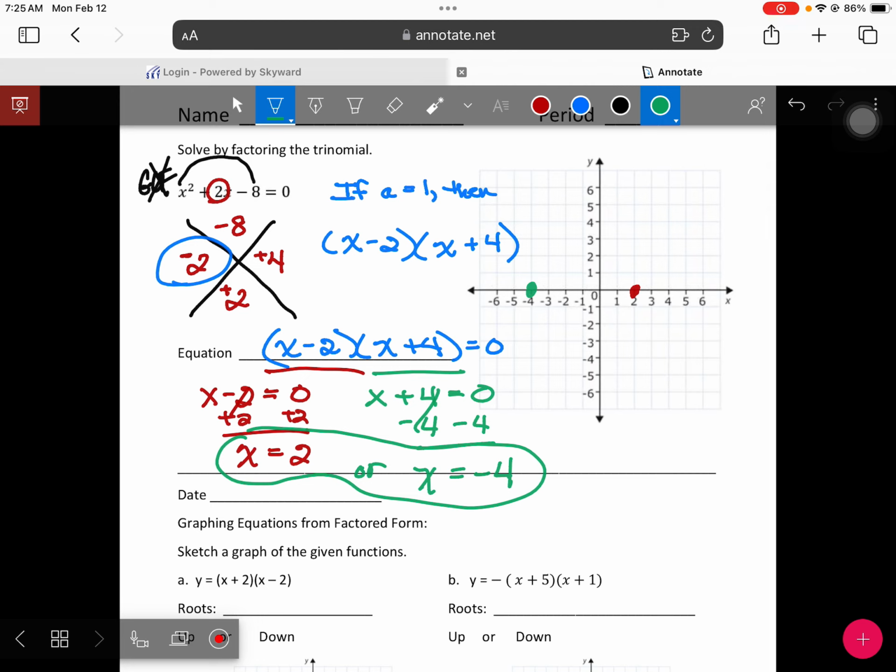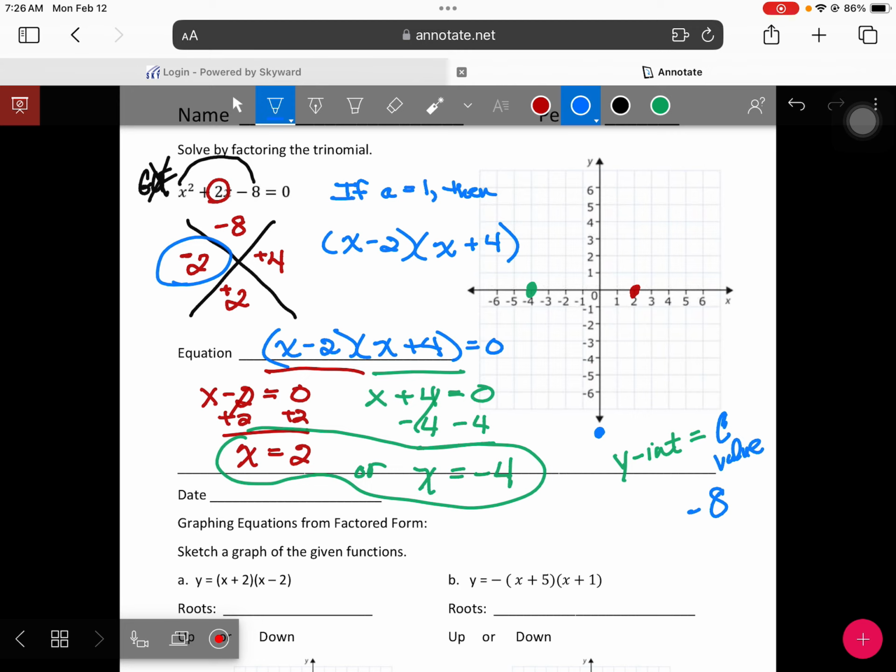Do I really want all that? How about my y-intercept? That's pretty easy to get. Y-intercept, does anybody remember what that's equal to? My C value. And what's my C value here? -8. So that means this is going all the way down to -8.